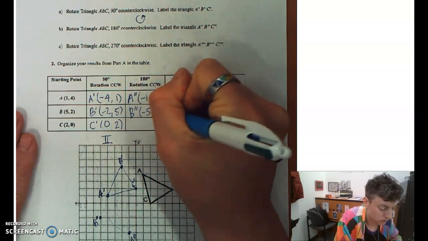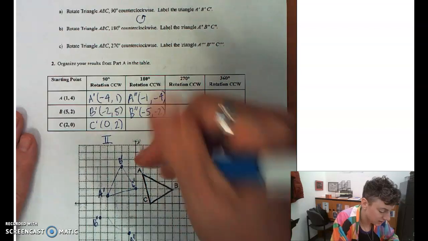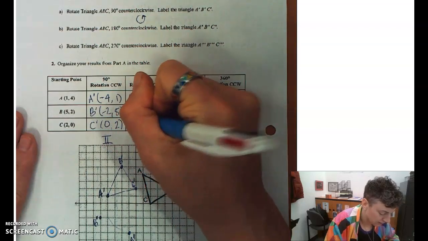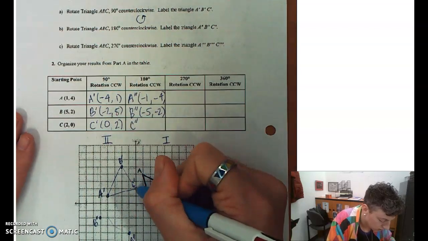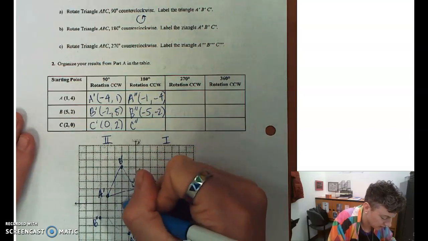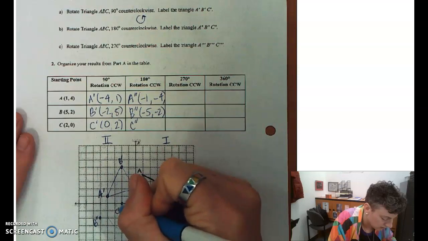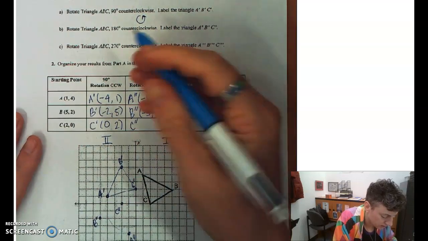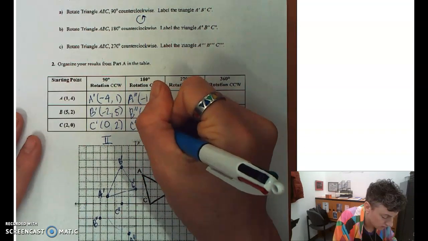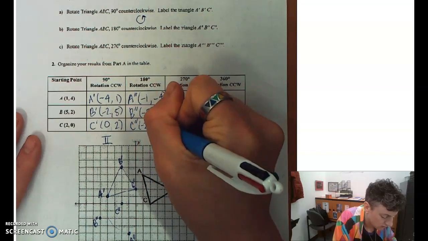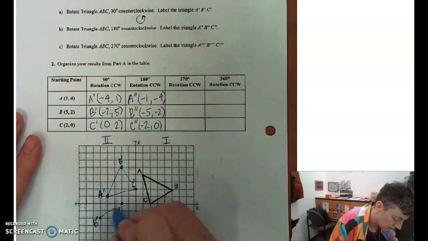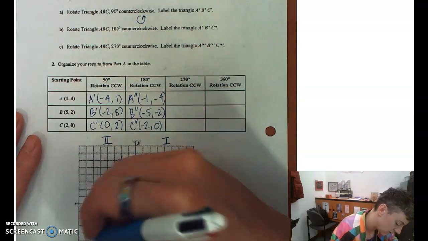And C prime was at 0, 2. C double prime is going to be at -2, 0. All right. Triangle number 3.